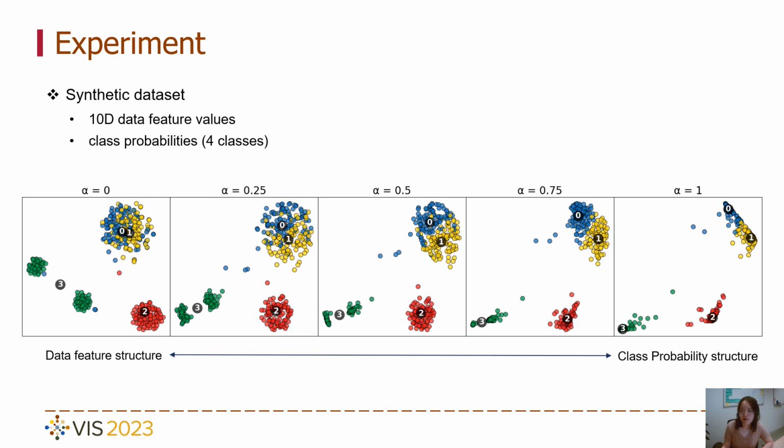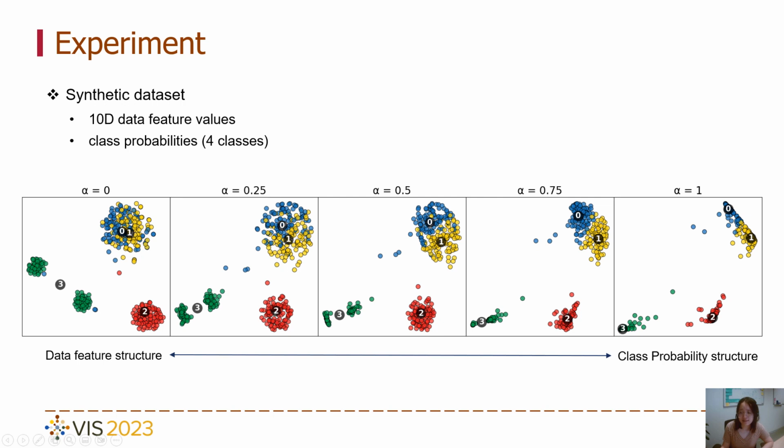To validate our method, we first generate a 10-dimensional synthetic dataset, which comprises 5 Gaussian clusters labeled as 4 classes. Next, we trained a random forest model with 70% of the data and applied it to generate class probabilities for the entire dataset. We then applied class-constrained t-SNE using 5 alpha values ranging from 0 to 1 to obtain continuous projection results.